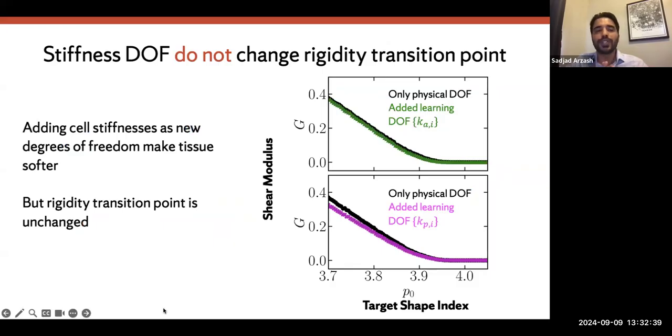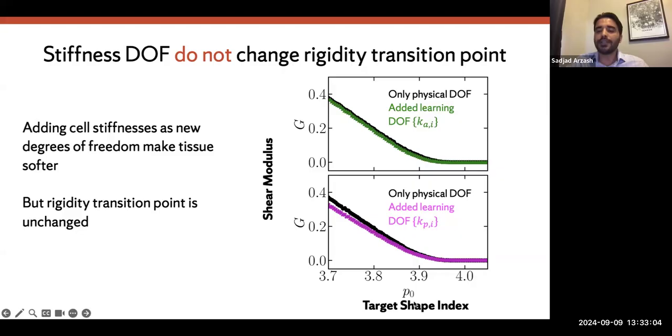So here I'm showing the results of the shear modulus versus target shape index by adding either area or perimeter stiffnesses as new degrees of freedom. The black one is the usual scenario, with only physical degrees of freedom, and the colored ones are for adding area stiffnesses or perimeter stiffnesses.